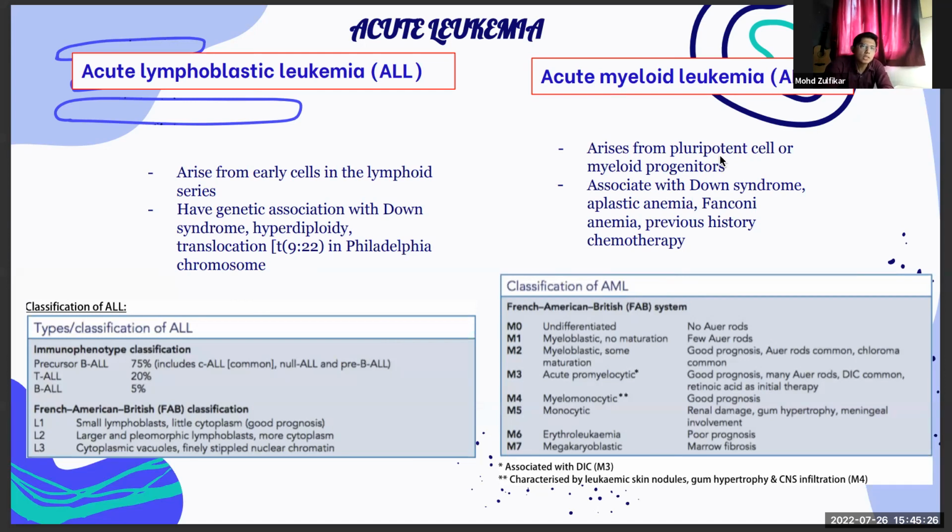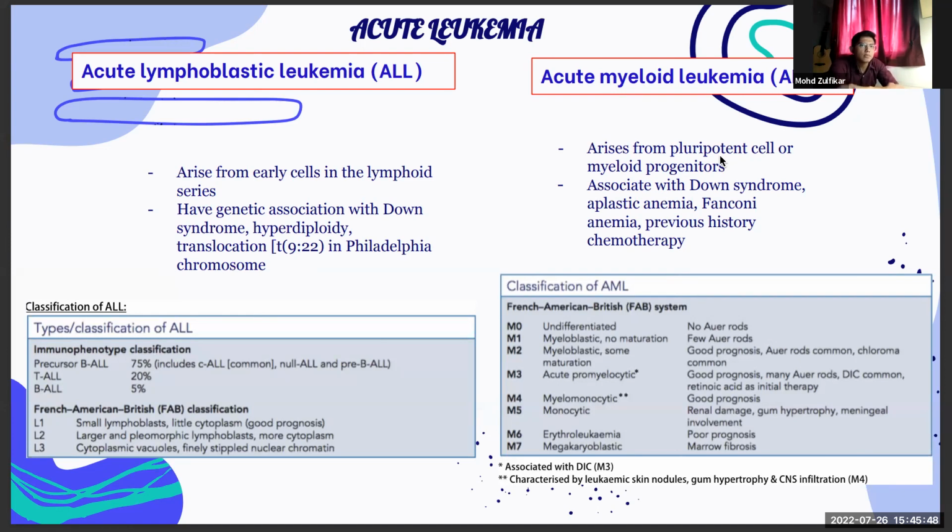Regarding acute myeloid leukemia, AML, it arises from the pluripotent cell or the myeloid progenitor cell. It also has an association with Down syndrome. Other than that, it has an association with aplastic anemia, Fanconi anemia, and previous history of chemotherapy.